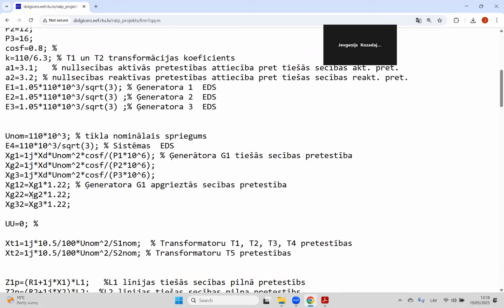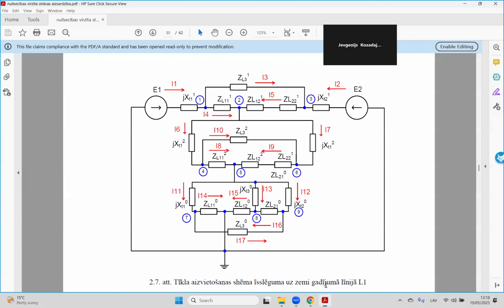Okay, go next. What other differences do we have? Here only 2 points: no electromotive force and different generator reactance. What about the zero sequence? In the zero sequence, we don't have electromotive force. We don't have generator impedances or reactances. The only difference is the line impedance.